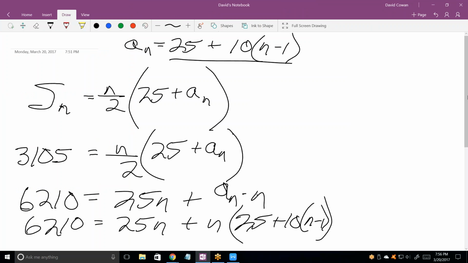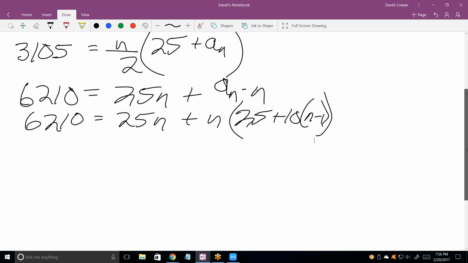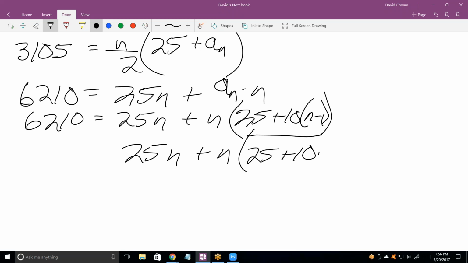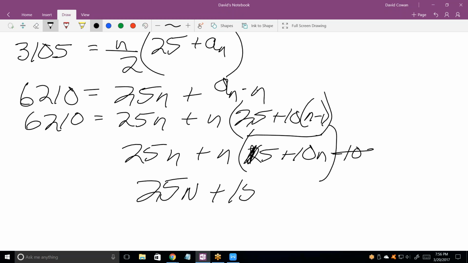Now you'll notice what I end up with is a giant quadratic. In other words, if I distribute everything starting with the inside, this becomes 25n plus n times 25 plus 10n minus 10, which becomes 15. And now we've got 25n plus 15n plus 10n squared equals 6210.